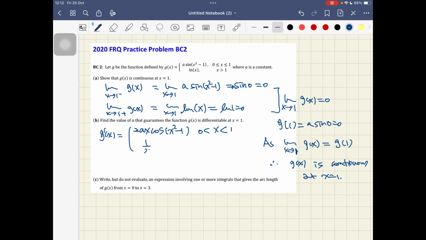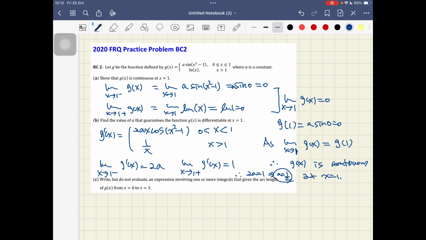And this is 1 over x when x is larger than 1. So the limit as x goes to 1 minus of g prime of x is 2a, and the limit as x goes to 1 plus of g prime of x is 1. 2a should be 1. A equals 1 over 2.